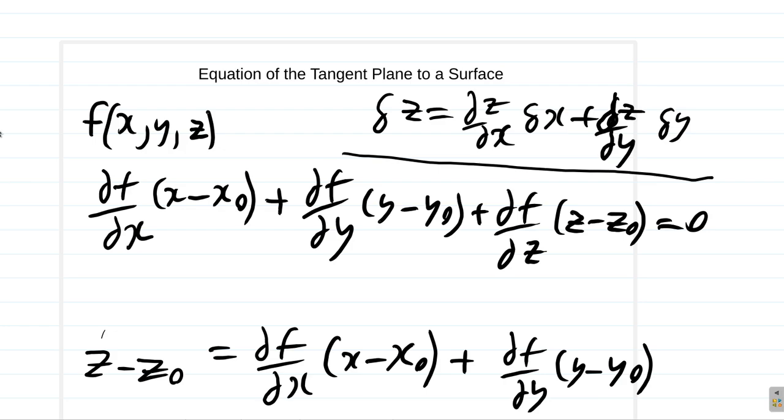Here, this small change, you can consider it to be the x minus x naught. And this small change out here, you can consider it to be y minus y naught. And then here, what you have is z minus z naught.